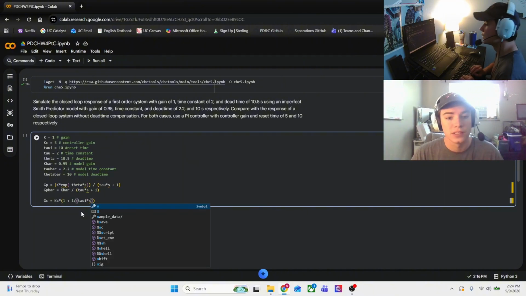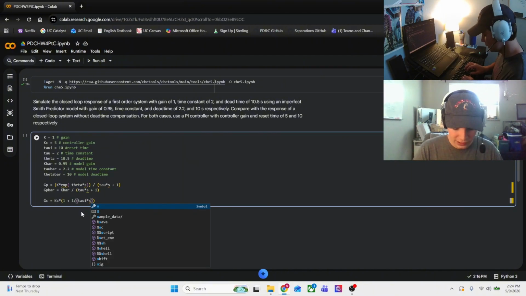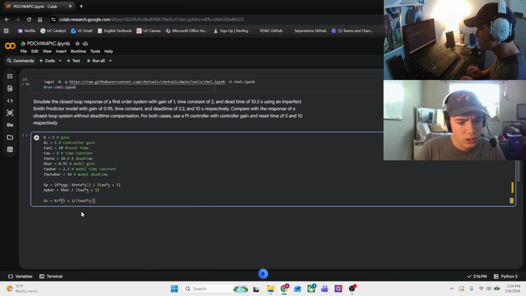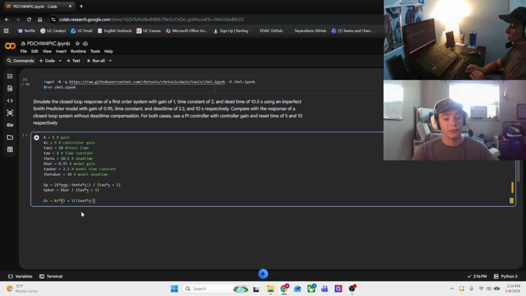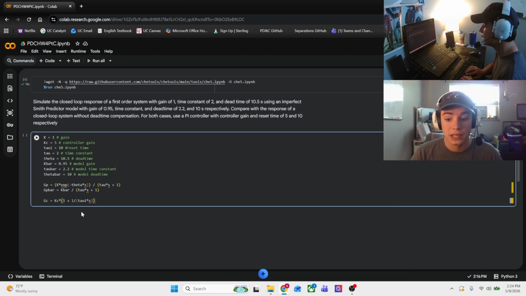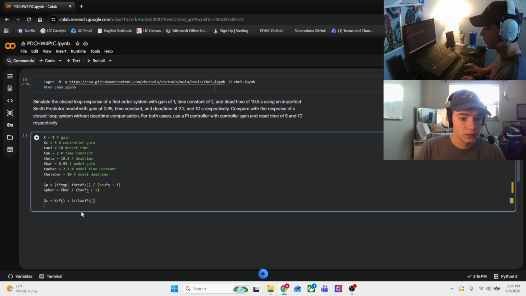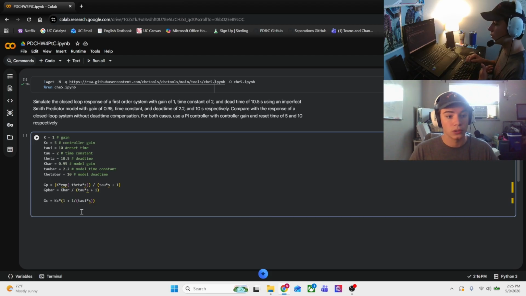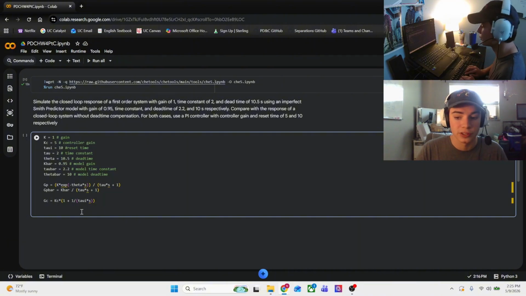And that, of course, is our controller gain and reset time. So I believe that should be just about everything to simulate our initial closed loop system without our dead time compensation provided by that Smith predictor model.